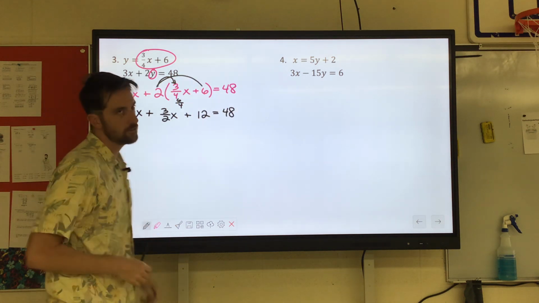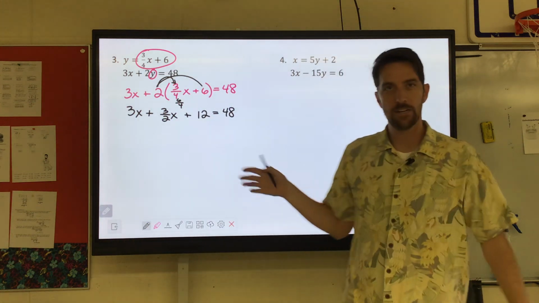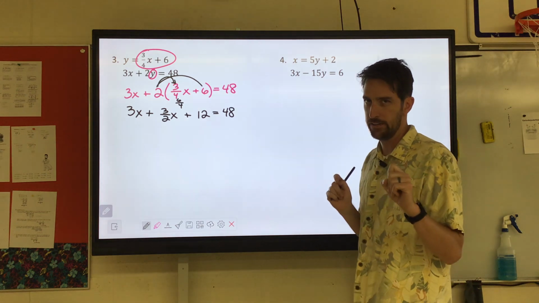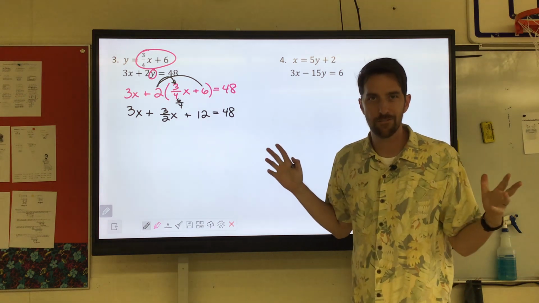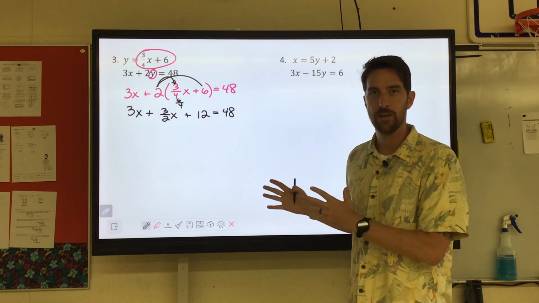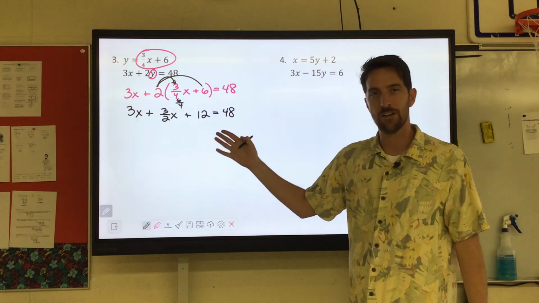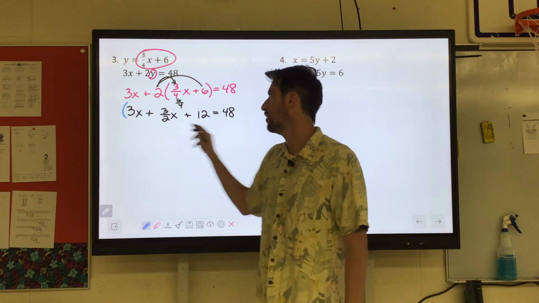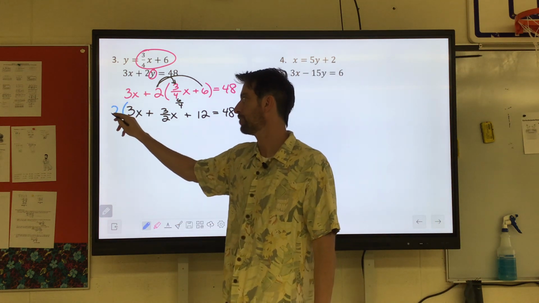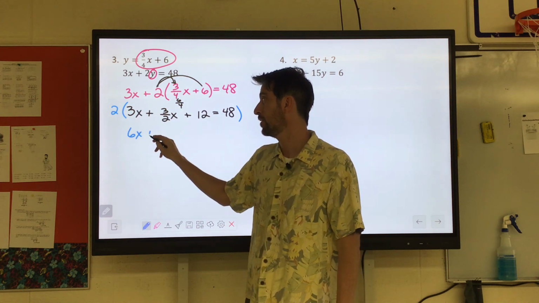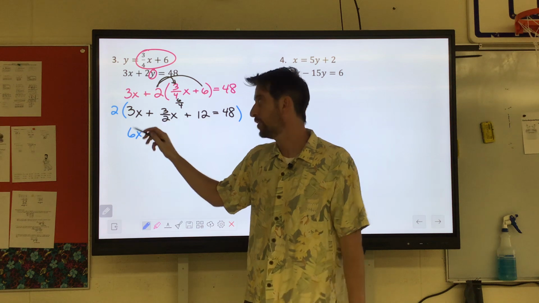Now, if you want, you could turn 3 over 2 into a decimal, 1.5, it still works. But we're cooler than that. We know how to clear out fractions from equations. You just multiply the entire equation by a common denominator. There's only one denominator, 2. So if we multiply this whole equation by 2, there won't be any more fractions. 2 times 3x is 6x plus 2 times 3 over 2.